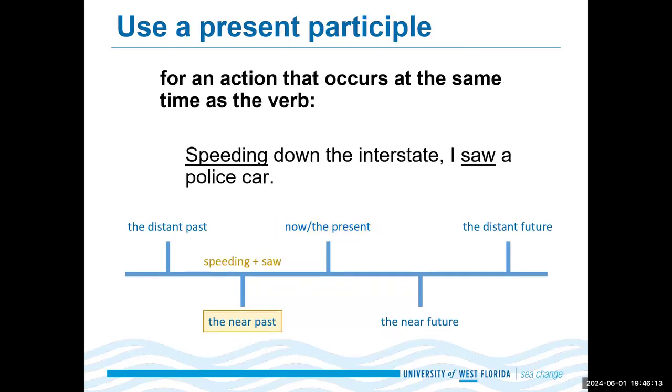Okay. Use a present participle for an action that occurs at the same time as the verb. Speeding down the interstate, I saw a police car. All right, still, it is present participle because the action occurs at the same time as the verb.